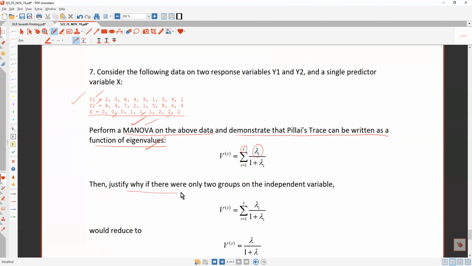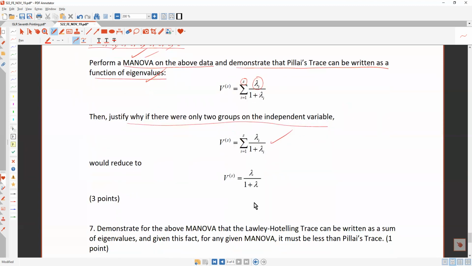Then justify why, if there are only 2 groups on the independent variable, this Pillai's trace would reduce to this number. So by justify, you can show it in your computation, right? You can say, look, here's the output that I obtained. Look, this is equal to this.